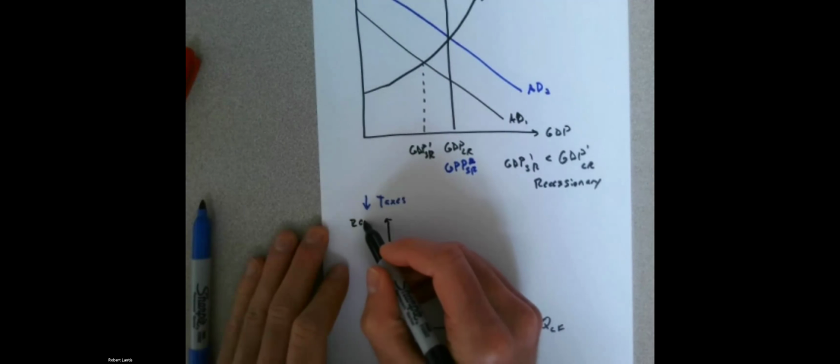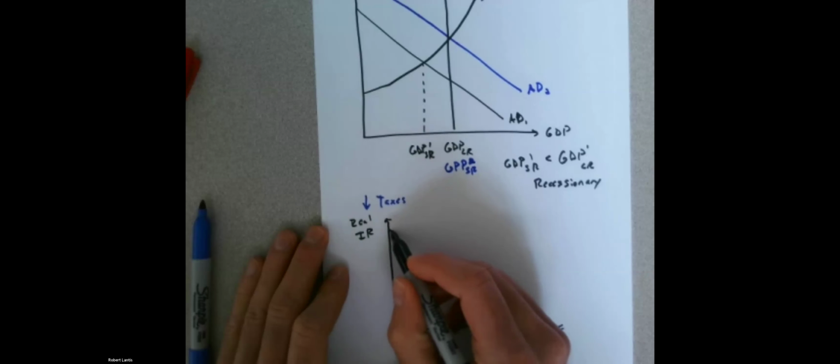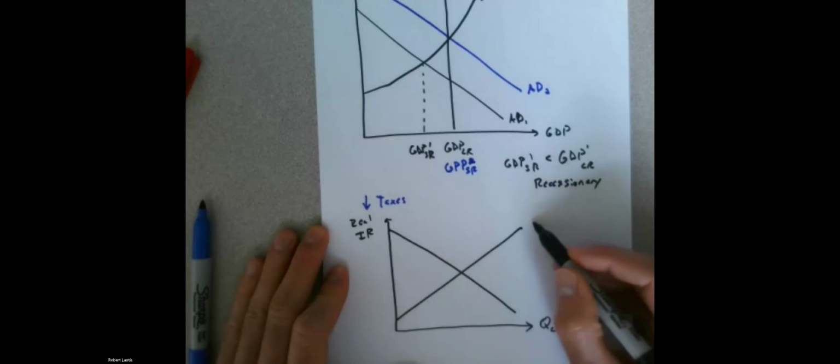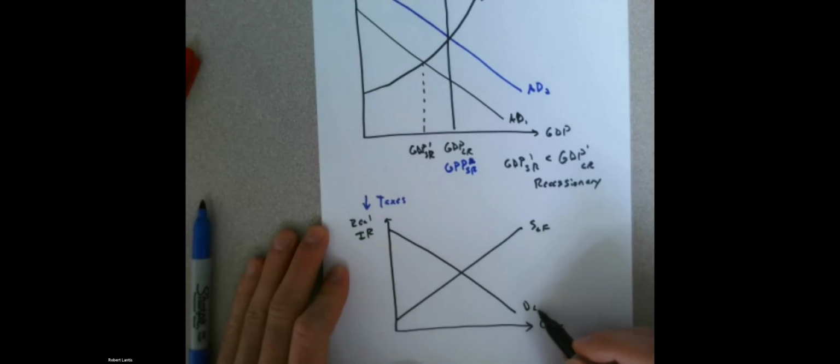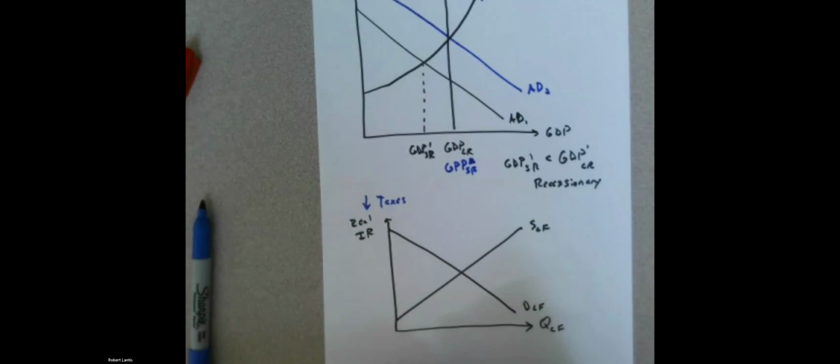Okay. The problem is, if we go back to an earlier module, the quantity of loanable funds, and then we had real interest rates. We said there was some supply of loanable funds and some demand for loanable funds. Right?